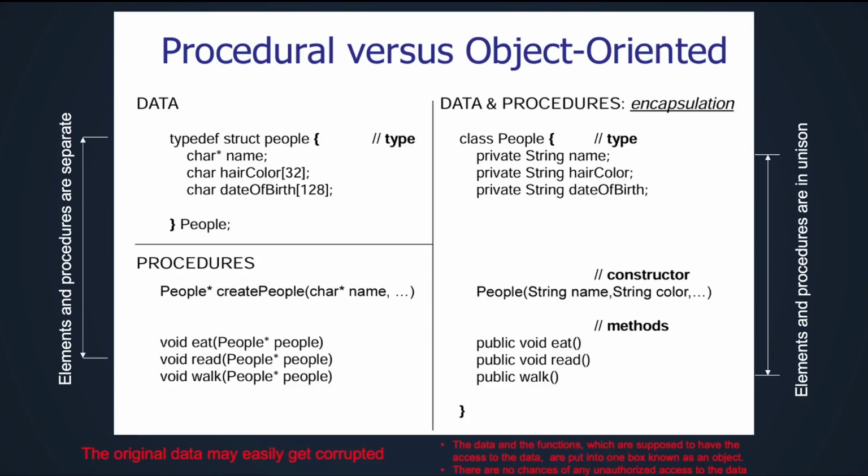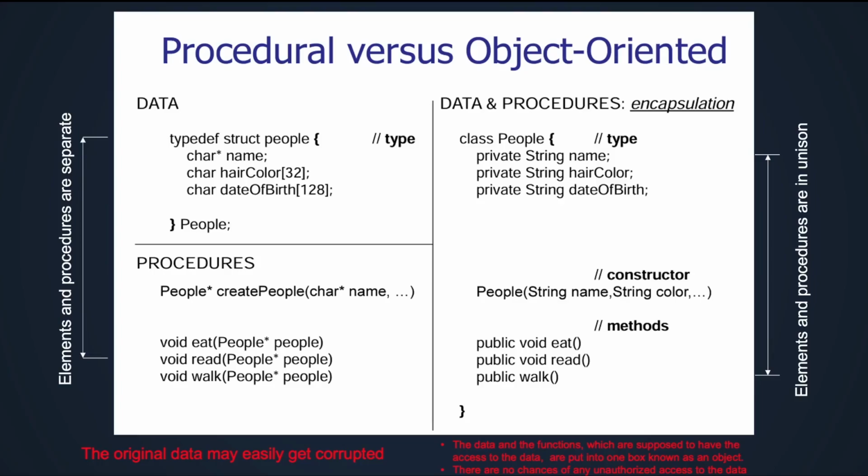In that class, data and procedures exist in unison, means they stay within that class. So this ensures that data will not get corrupted, and also there won't be any unauthorized access to the data. So this is the reason why object-oriented programming languages became popular.